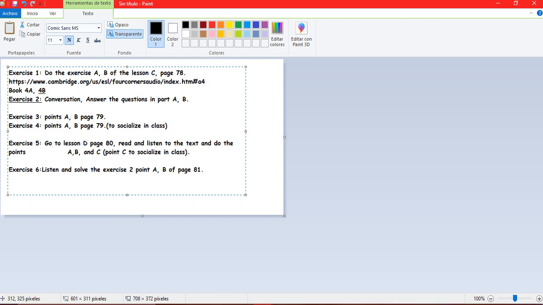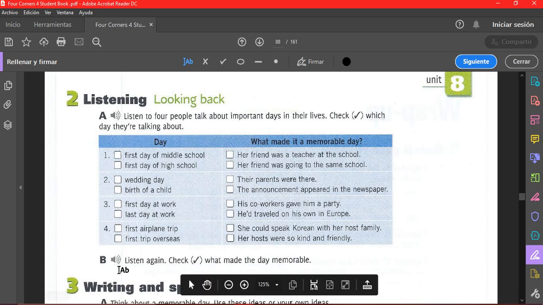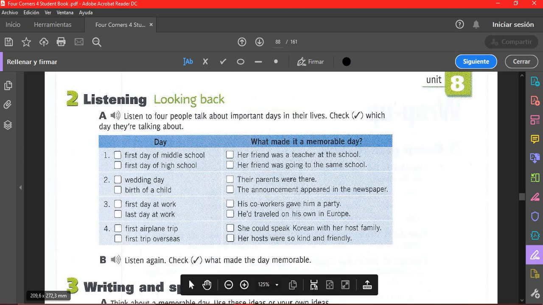Okay, that's what we're going to do. So what are the exercises? Exercise A and exercise B. So let's listen to the record and pay attention so we can solve it quickly.